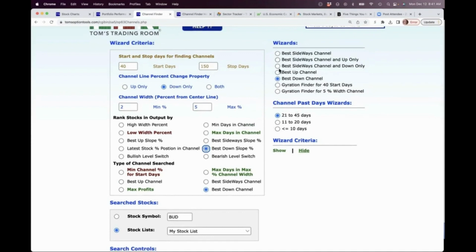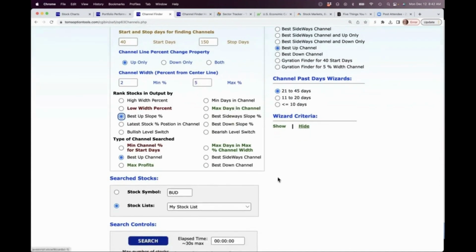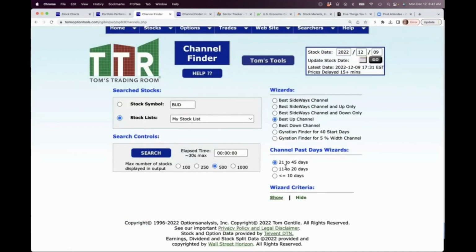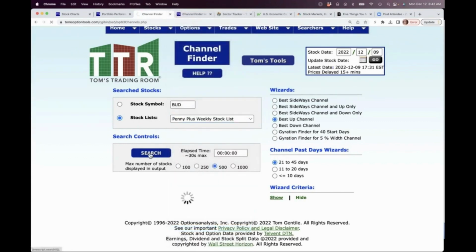So let's look for up for the moment. I'm going to change that to 5. Let's get rid of the detail in a minute. You can look for a longer term or a shorter term channel. I'm going to go for 21 to 45 days. I'm going to go after Penny Plus Weekly stock list, and then I'm going to hit search.